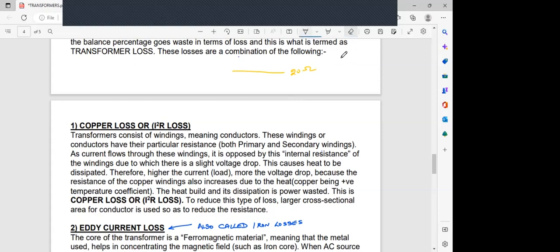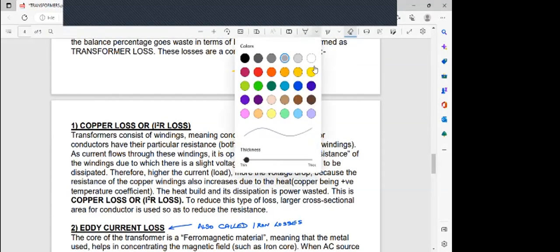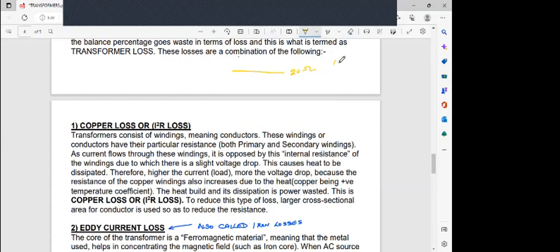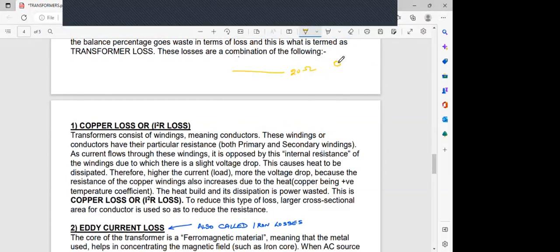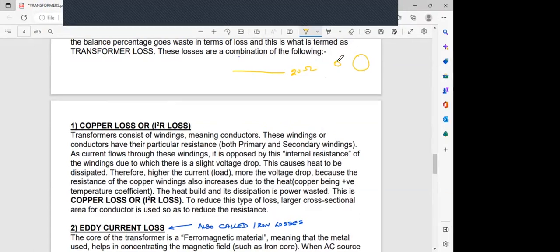Now I'm going to show you the cross-sectional area. If the copper winding of your transformer is going to be this much, and the copper winding of your particular transformer is going to be this much, obviously there's going to be more resistance to the current flow over here as compared to over here.